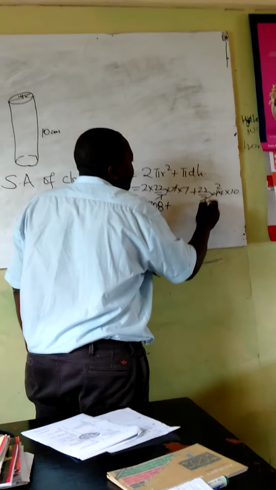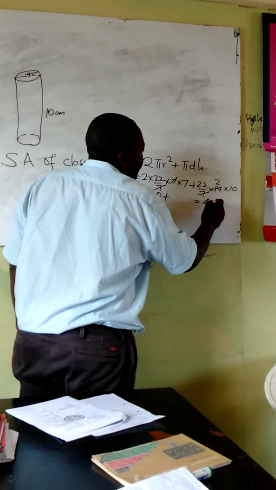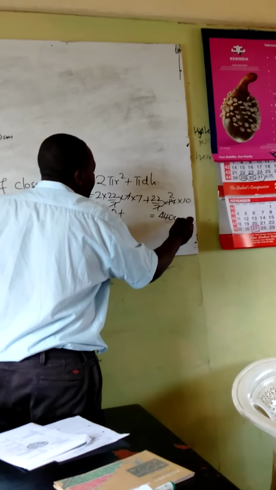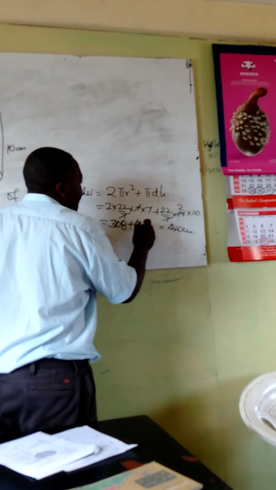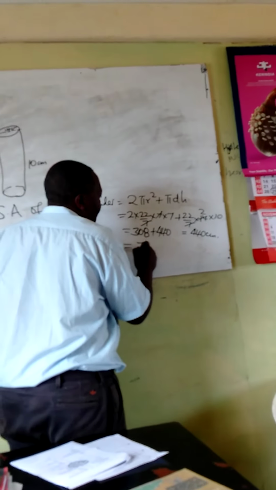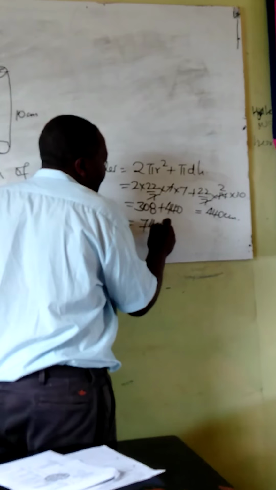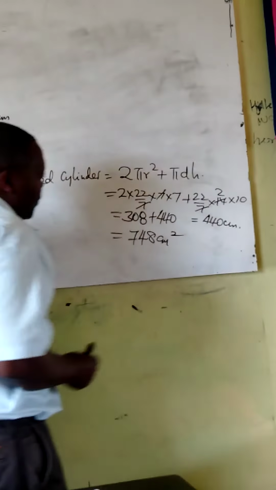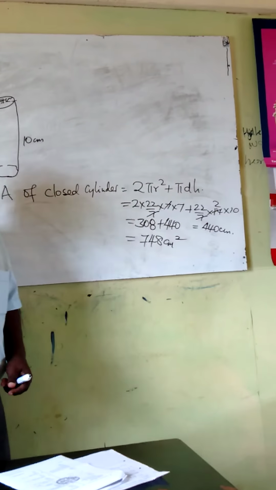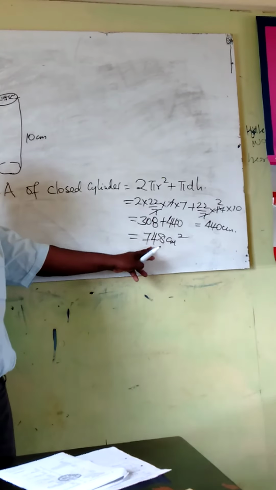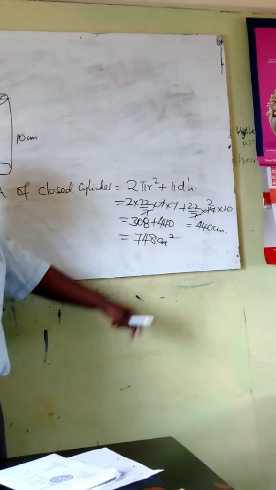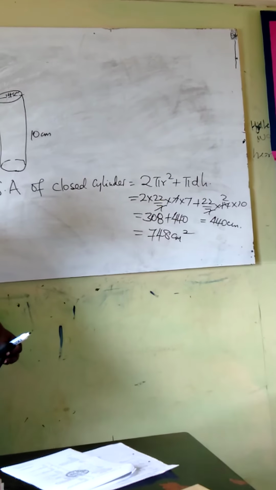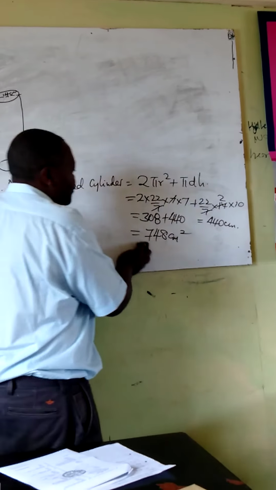So this goes into 2, so that is 440 centimeter squared. We add 440 here. So this gives us 748 centimeters squared. Remember, it's an area, it's a surface area. We go to question 22.